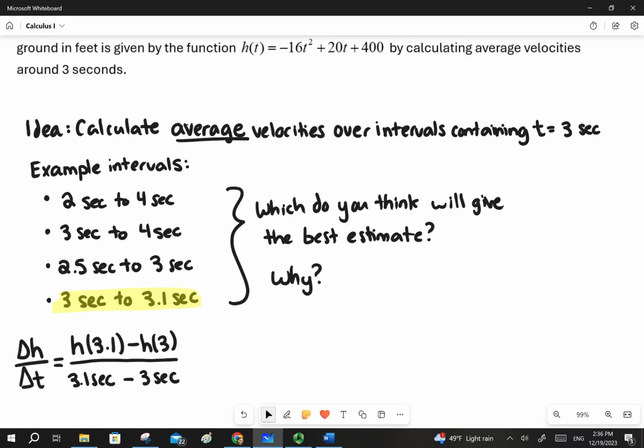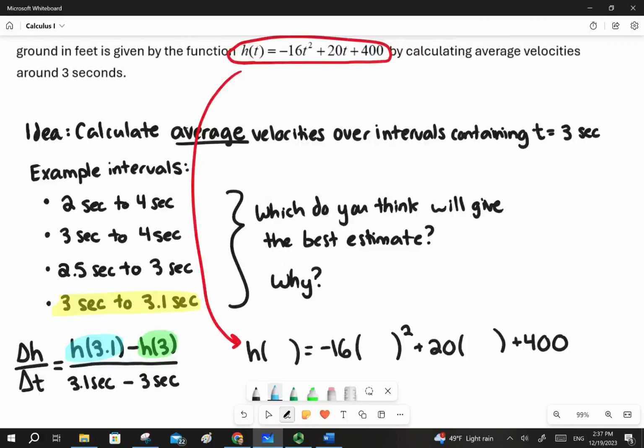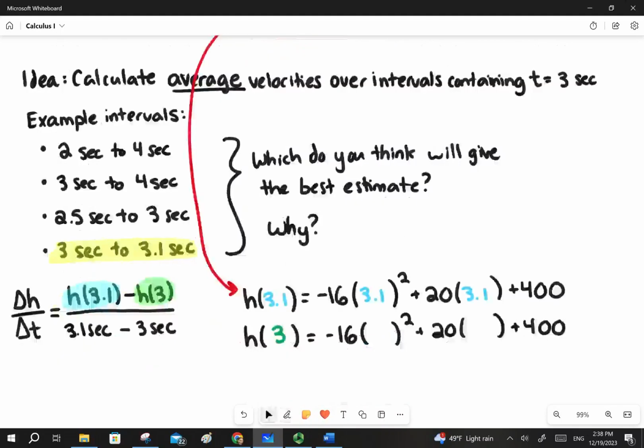Just like in our previous example of calculating an average rate of change using a function formula, we need to evaluate h of 3.1 and h of 3. h of 3.1 equals negative 16 times 3.1 squared plus 20 times 3.1 plus 400. And h of 3 is equal to negative 16 times 3 squared plus 20 times 3 plus 400. I'm just going to type these expressions into my calculator to evaluate them.